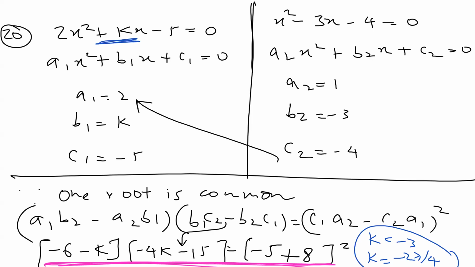So put k over here as minus 3, case 1. First you copy this much. Okay. So 2x square minus 3x minus 5 equal to 0.